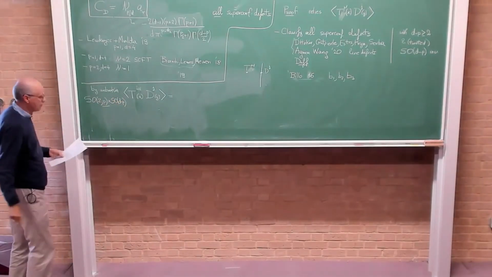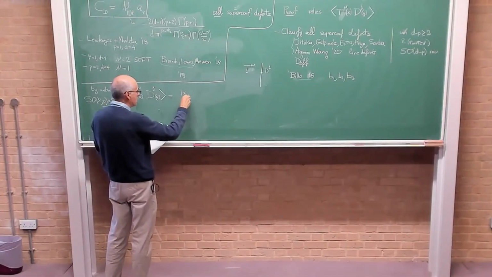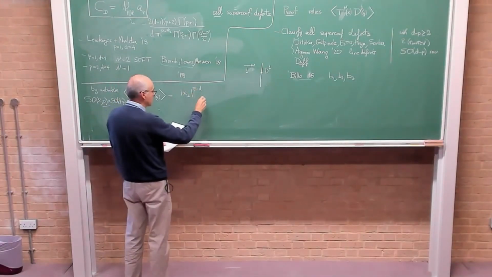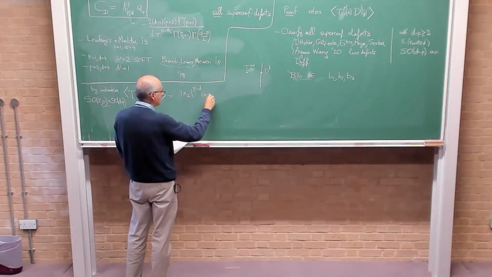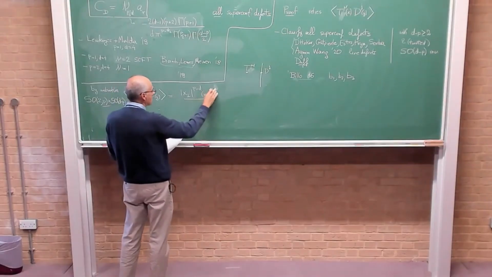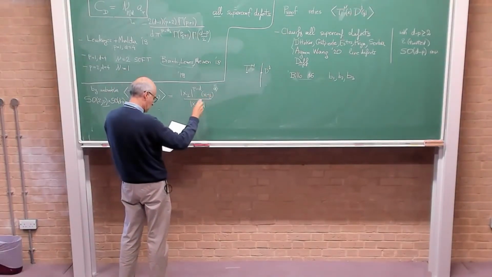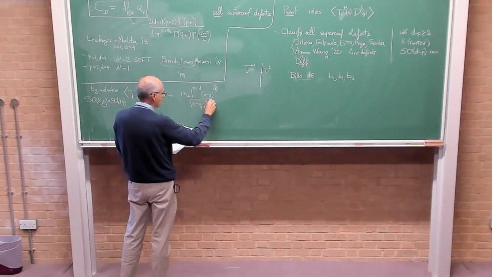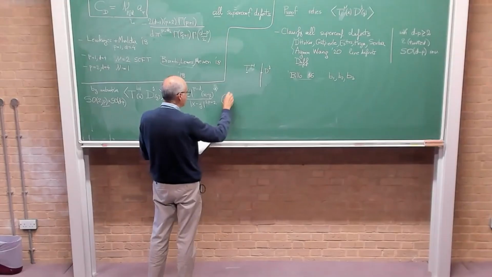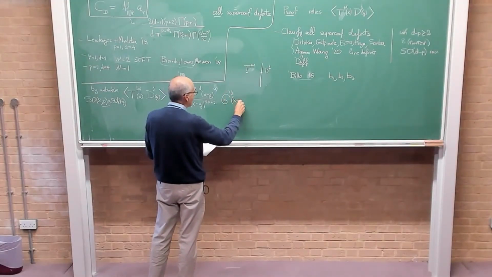So this completely fixes the two-point function, and it has some kinematic factor, (x-y) to the 2p+2 in the denominator. And then there is a G_ij of x-y.